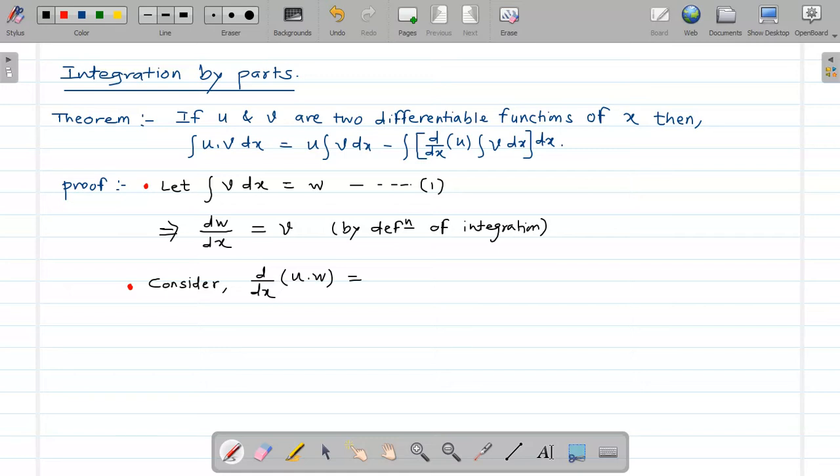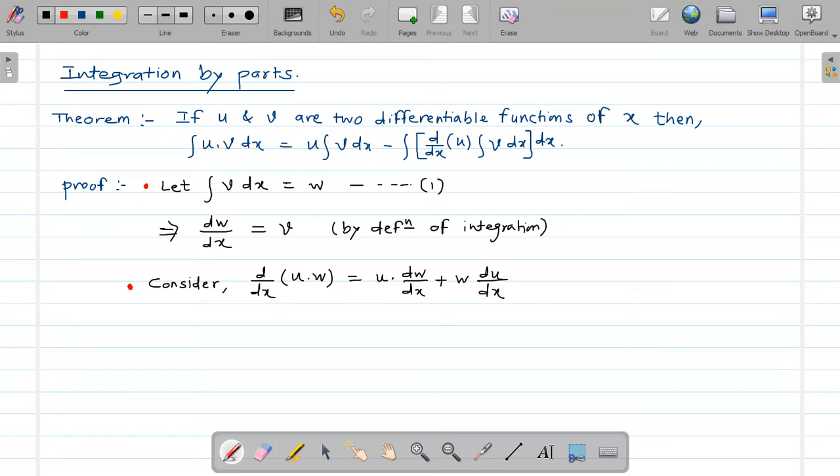So first of all you have to remember this step also: d by dx of u into w. Now you know the product rule in terms of derivative. So you can take u as it is into dw by dx plus w as it is into du by dx. Just follow the rule of the derivative here.